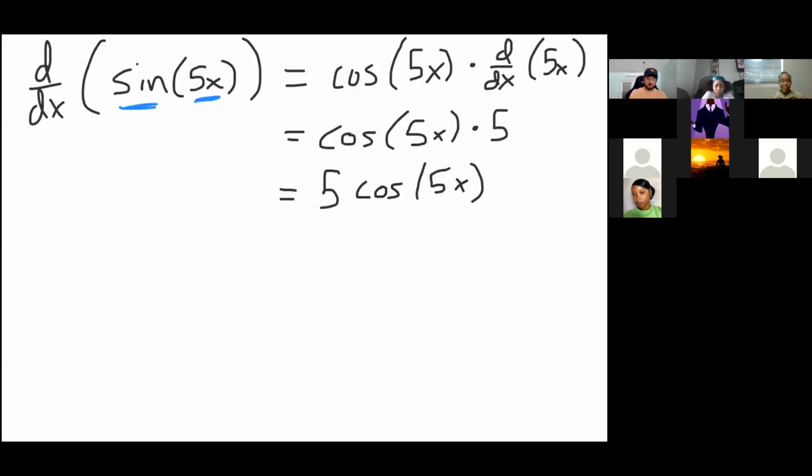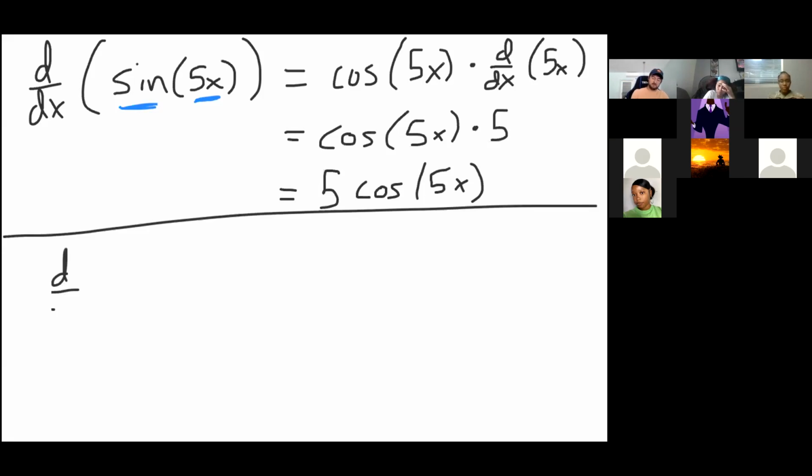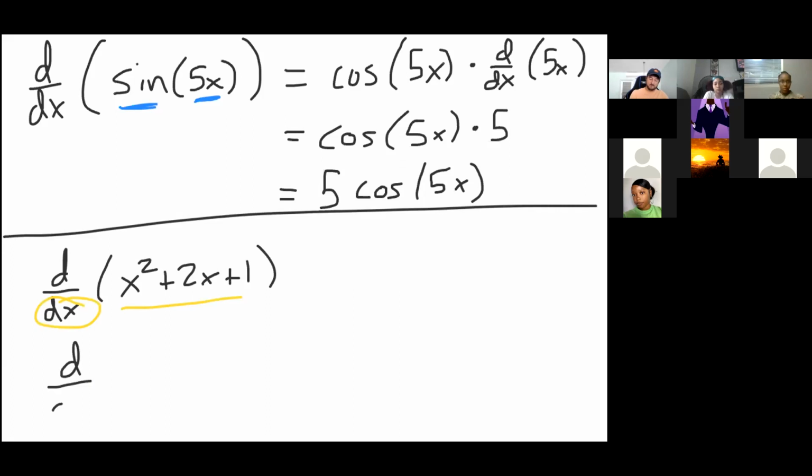And all of our stuff so far, we're always differentiating with respect to x, functions of x. So something like x squared plus 2x plus 1. X squared plus 2x plus 1 is a function of x, and I'm differentiating with respect to x. Right? It doesn't matter what variable I differentiate with.